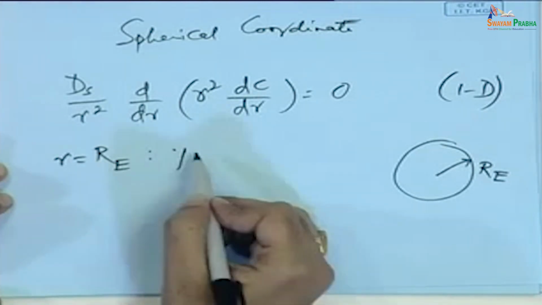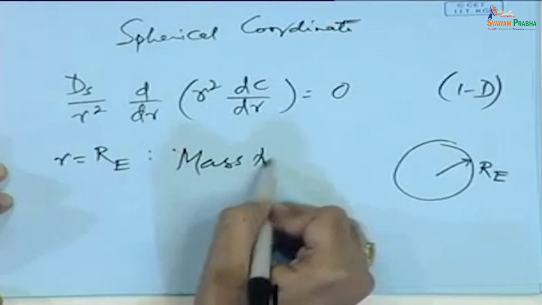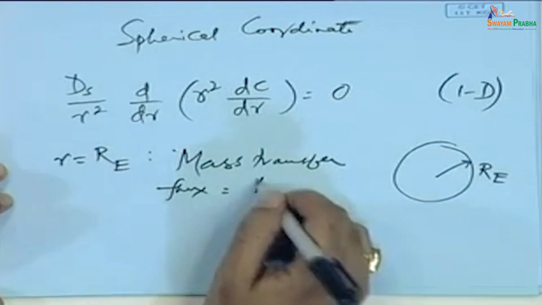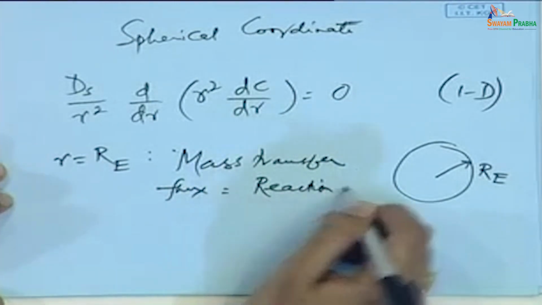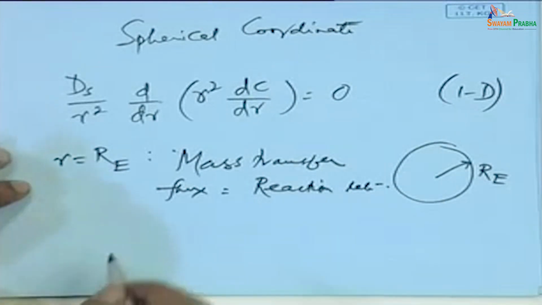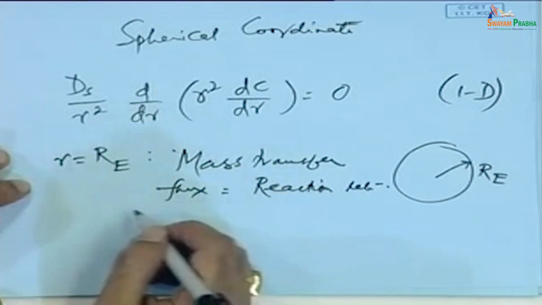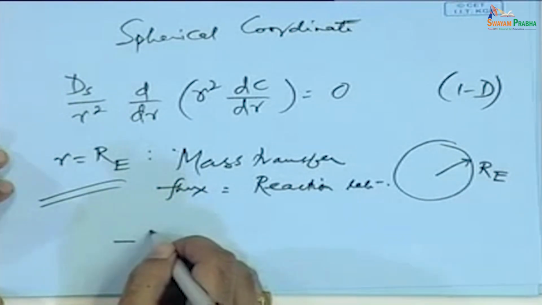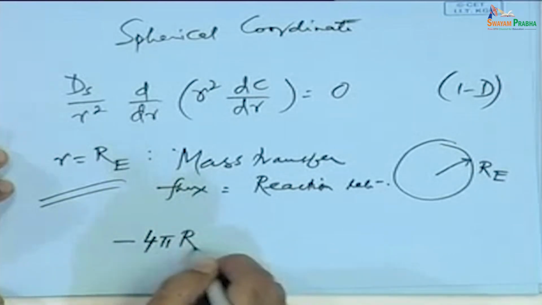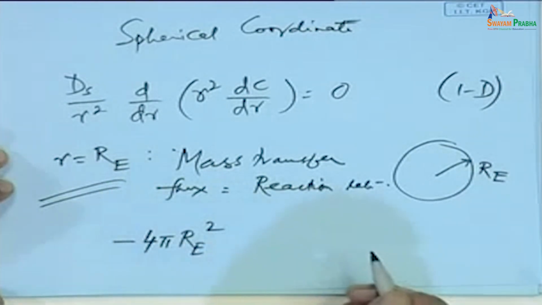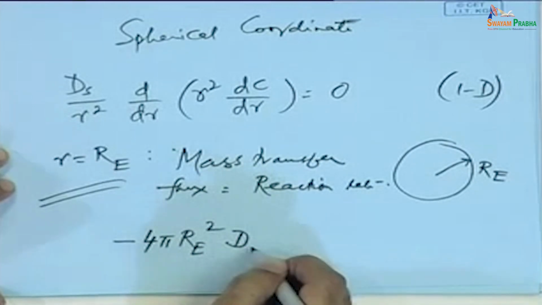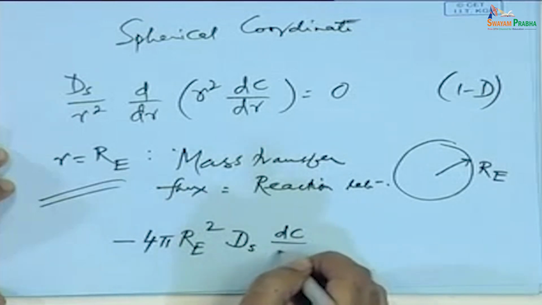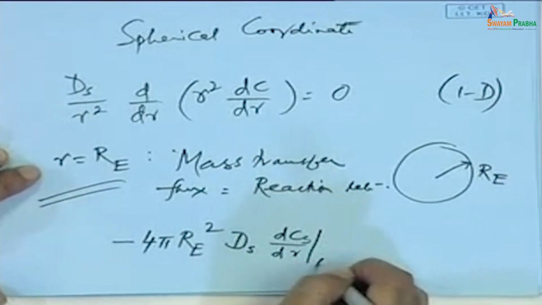Very good, yeah. Mass transfer flux equals reaction rate. What is your mass transfer? Diffusion flux. Mass transfer flux is the same as diffusion flux. So, it is going to be minus 4 pi R_e squared, if I am to add the surface area, times D_s times dC_s/dr at R_e.